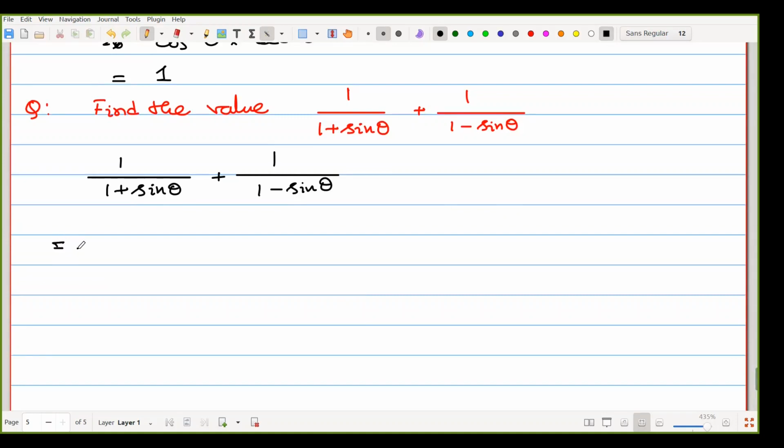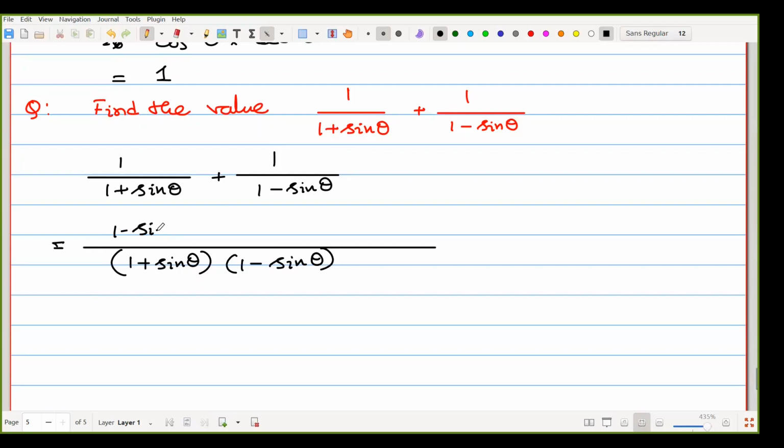So add both, as we do in any fractional addition. So the denominator is 1 plus sine theta into 1 minus sine theta, and the numerator is 1 minus sine theta plus 1 plus sine theta.